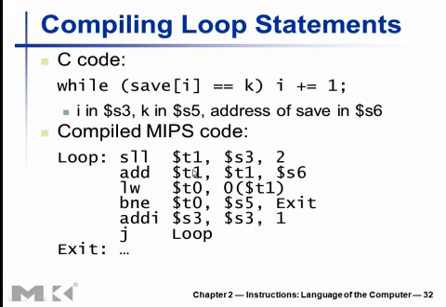Then you use T1 as the base address with offset 0, and you can load the value at that element into T0. Then you compare that value to k, stored in S5. If not equal, you exit. Otherwise, you add 1 to S3, which serves as a counter. And then after that, you loop back to the beginning.